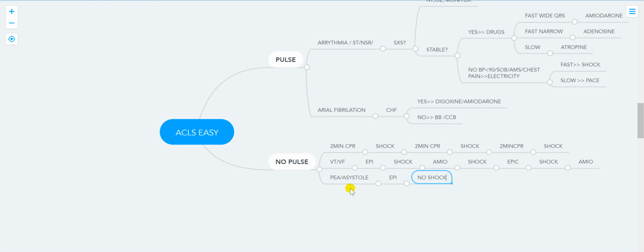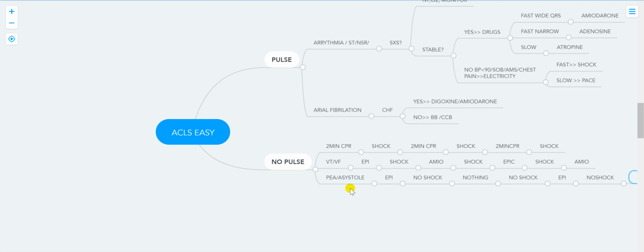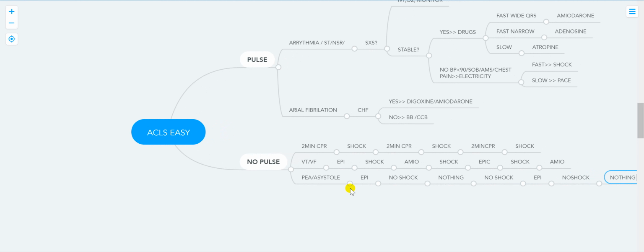You don't give anything initially, nothing. And then no shock. You just assess the rhythm, and then you give epi, and then you assess the rhythm, no shock, and then you give nothing, and you continue CPR throughout.